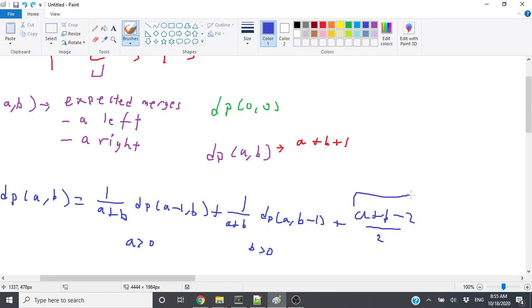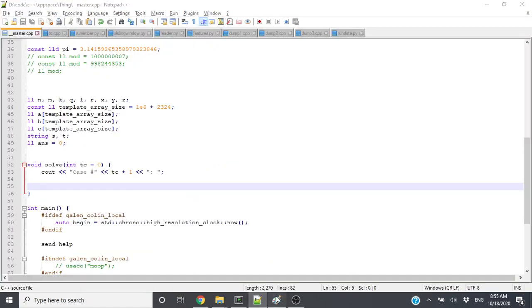So we split this into left and right. And actually these should be plus 1 here and plus 1 here, because otherwise it just wouldn't make sense. So let's do that.